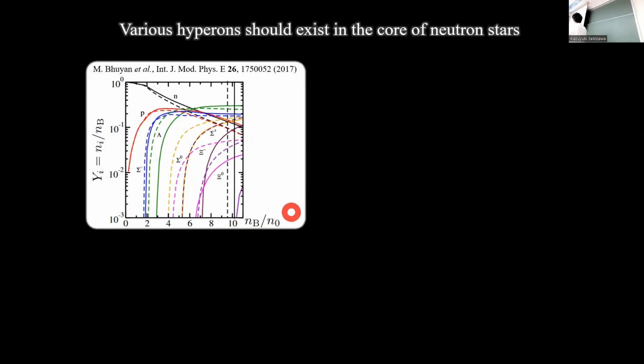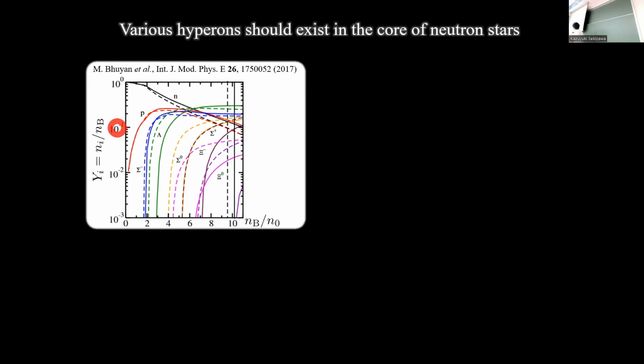Based on some calculations, we can calculate what kind of particles emerge as a function of density. This figure shows the particle fraction as a function of the number density of baryons relative to the saturation density. In the lower density region, up to, let's say, 2 times saturation density, those are the outer core region.